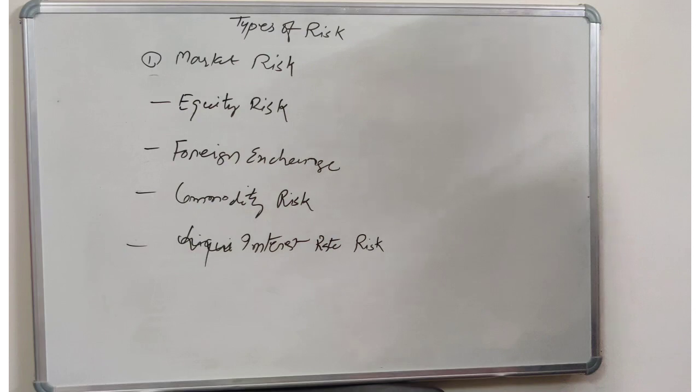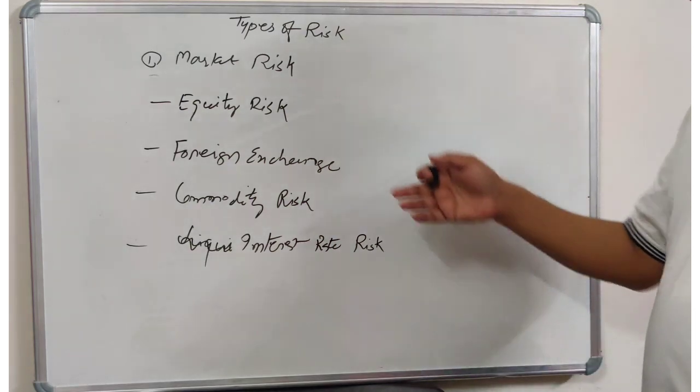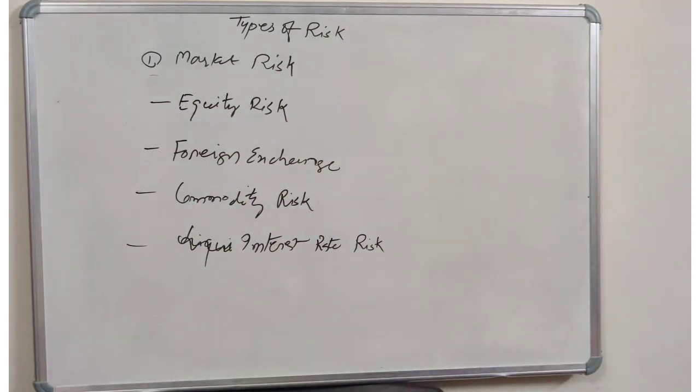So here the market risk can be broadly classified into these 4 categories.